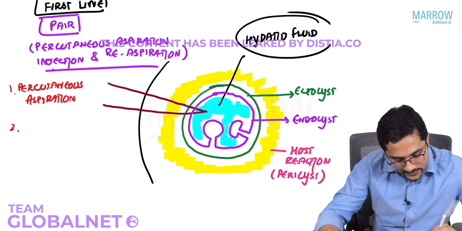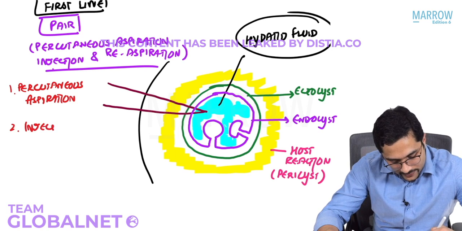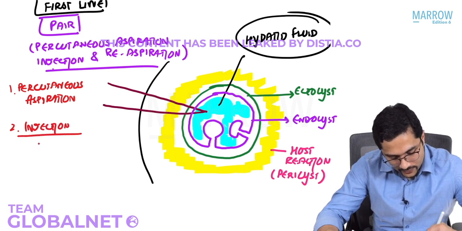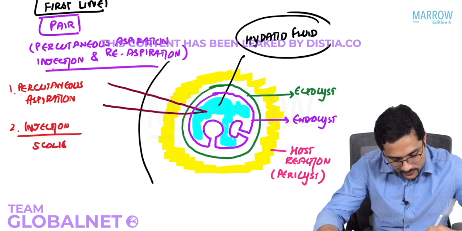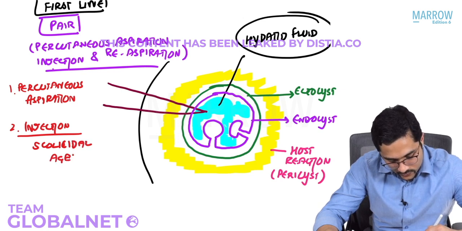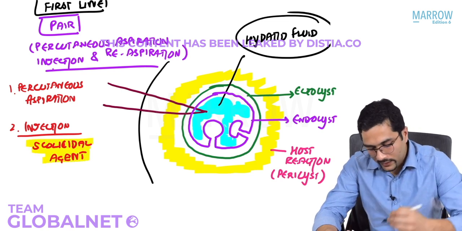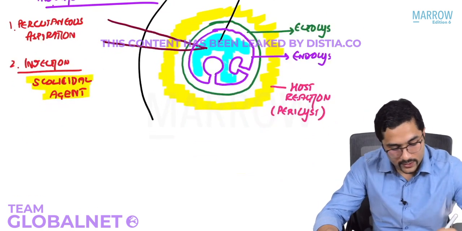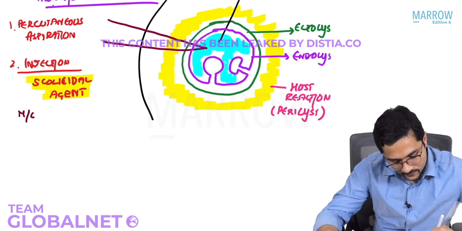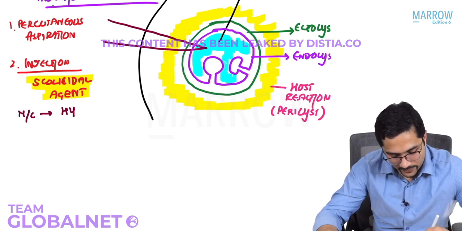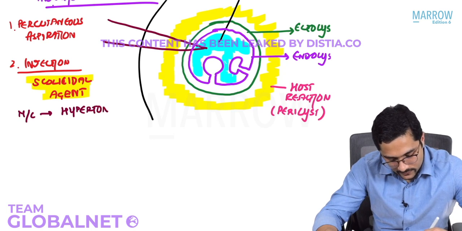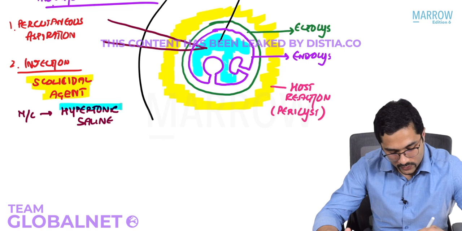The second step is injection. And what exactly are we injecting? We are injecting a scolicidal agent so that we can kill the organism. The most commonly used scolicidal agent is hypertonic saline. That is the most commonly used scolicidal agent.